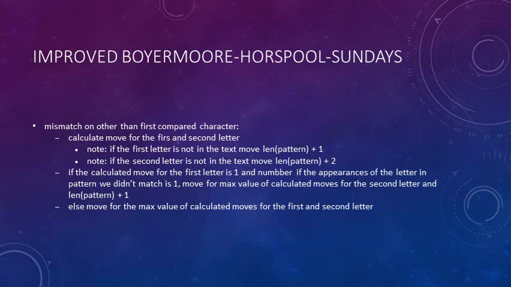And if the shift for the first letter after the text is 1, then we take a look at the mismatched character, and if it only occurs once in the pattern, then we move it for the length of the pattern plus 1. If that's not the case, we just move it for the bigger value of the shifts for the first letter after the end of the text or the second letter after the end of the text.